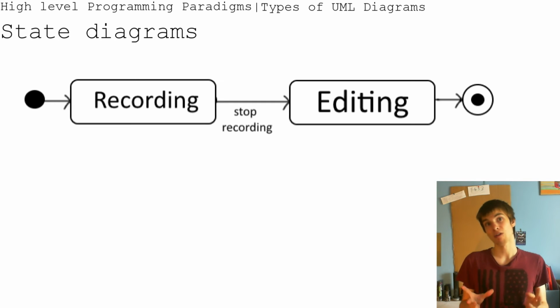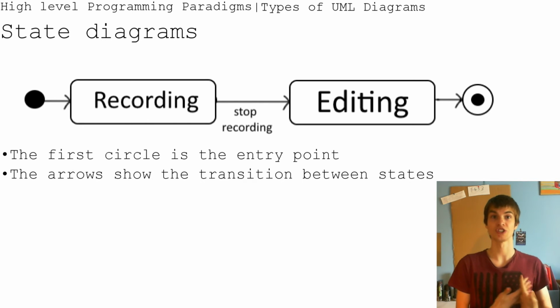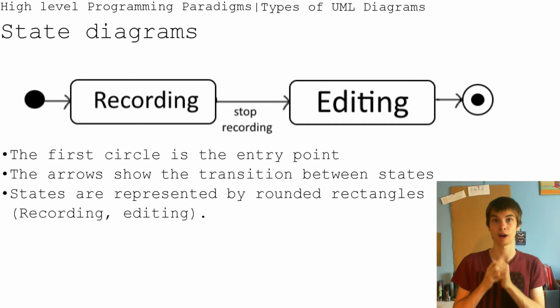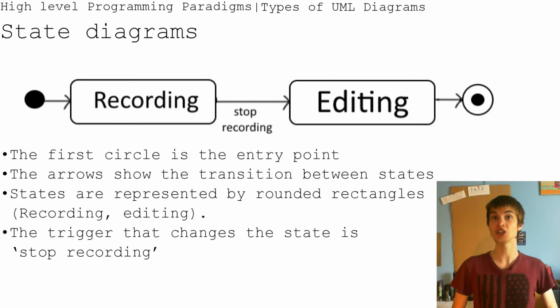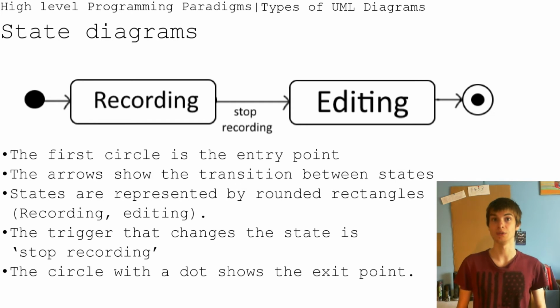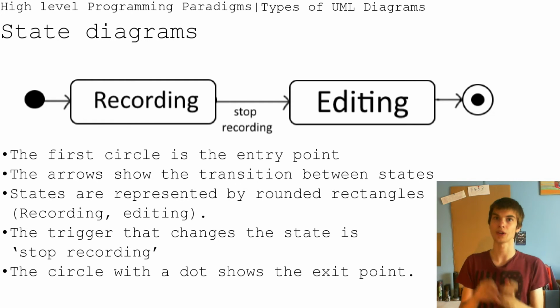From this diagram, the first circle is the entry point. The arrows show the transition between states. The states are represented by rounded shapes, so recording and editing are the different states. The trigger that changes the state is stop recording. Then the circle with the dot in the middle shows the exit point, so it goes from start recording, stop recording, then into another state which is editing.